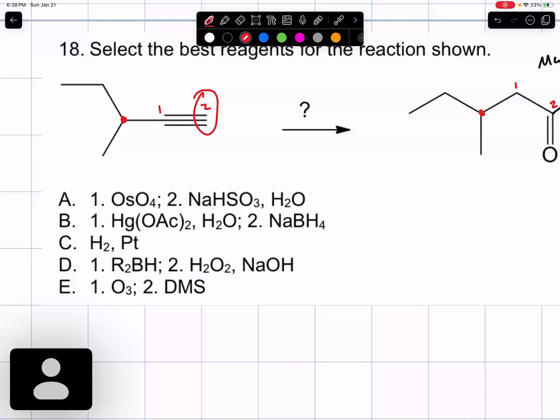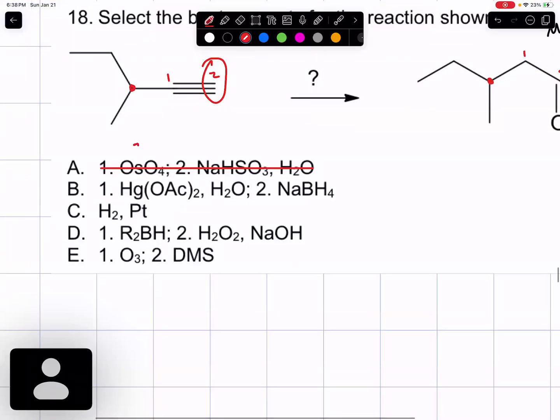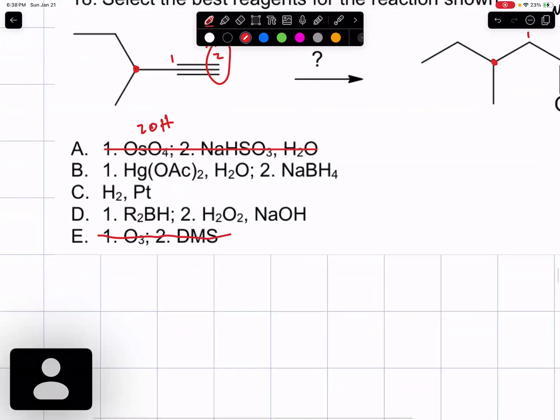It's hydroboration. Yes, it is hydroboration, and we can eliminate basically A, C, and E, because those all do different things. This adds 2 OHs, and we don't see that in our group. This splits, this is ozonolysis.